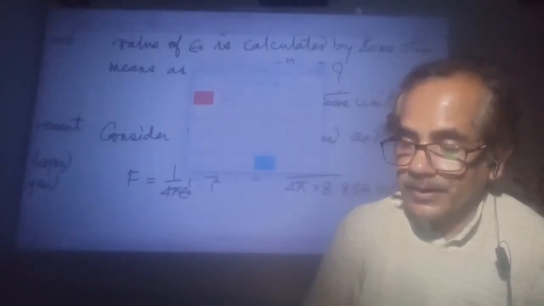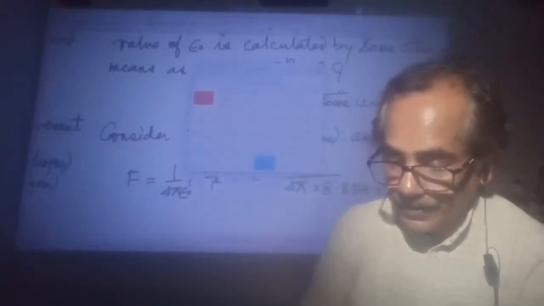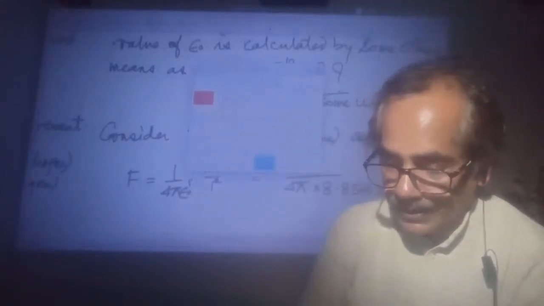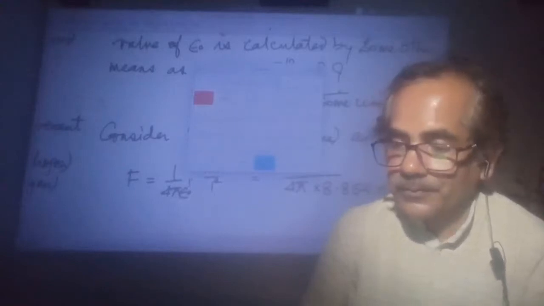Then this is also divided by 4, then also divided by 8.854.